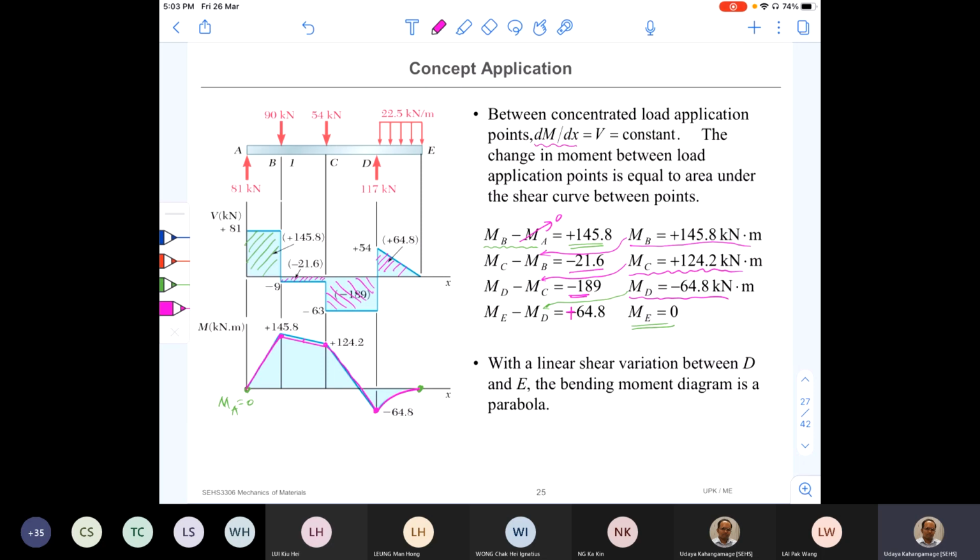It should be equal to V, right? So now you know that at point E, dM over dx, V, is equal to 0. That means the slope of the bending moment curve should be 0 at that point. So you can see it is 0 when you draw it. That is why the shape is like that, not like this. So it's not like that.